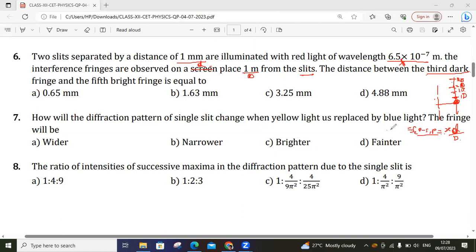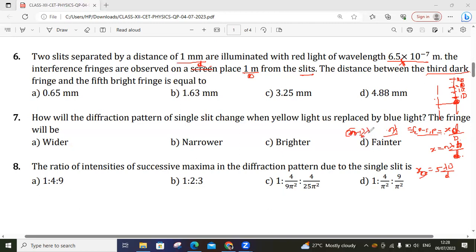If path difference is n lambda, then you will get your bright fringe. This will be your nth bright fringe. Fifth bright fringe is 5 lambda D by d. This is the position of the fifth bright fringe. And for dark, you will get dark when it is n minus half lambda.